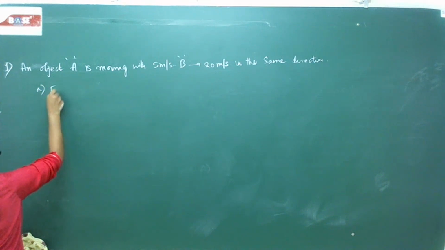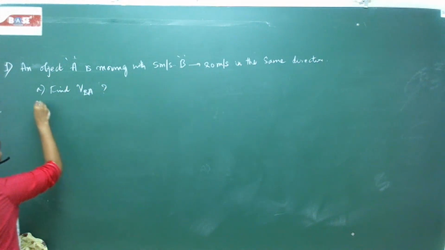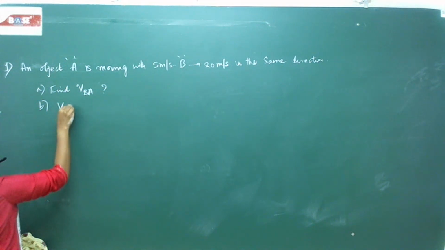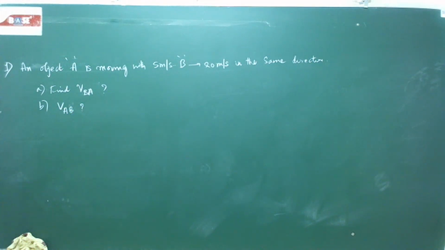Now we find the velocity of B with respect to A and the velocity of A with respect to B. These two things you have to find.